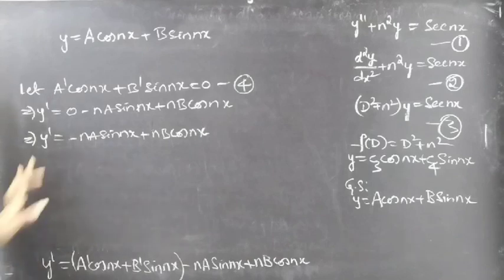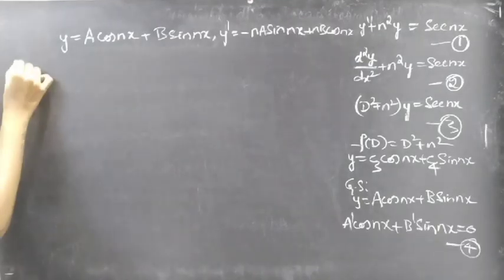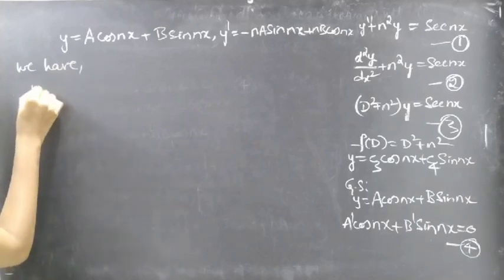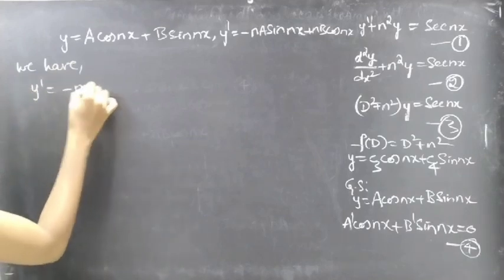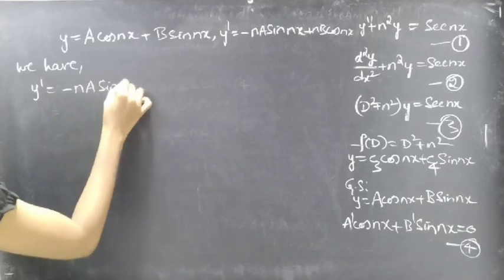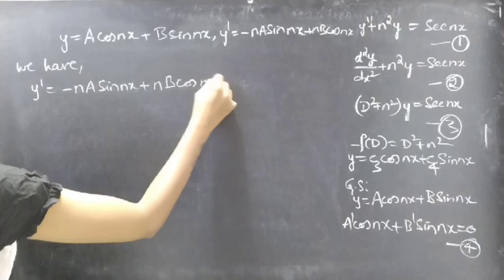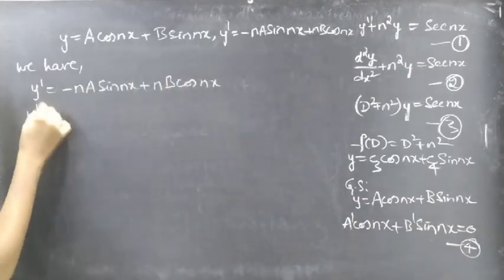Okay, so we got y dash. Now let's find y double dash. We have y dash equals to minus na sin nx plus nb cos nx, right? We need to find y double dash.